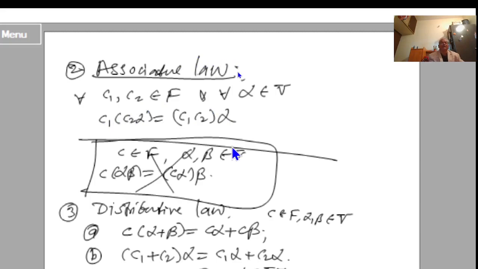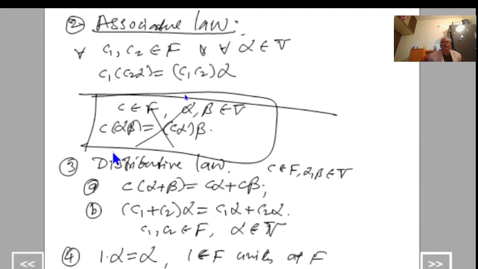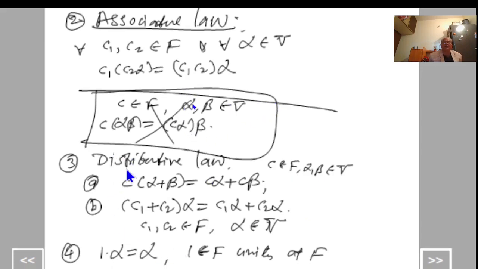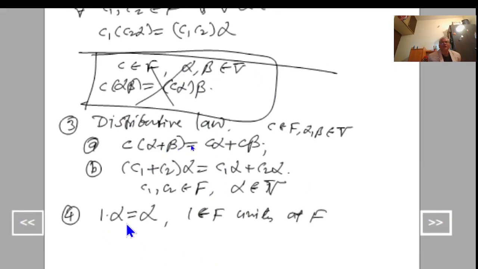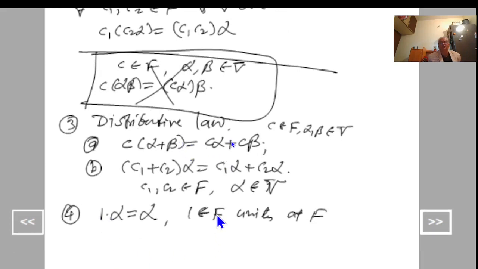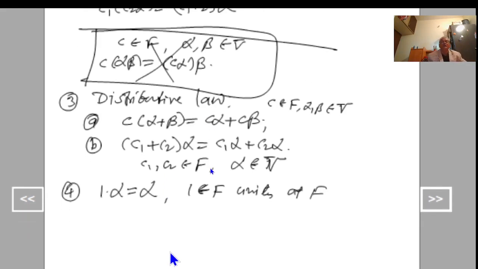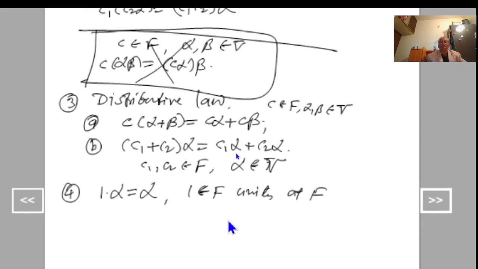Third axiom, both the distributive laws are satisfied, the left distributive law as well as the right distributive law. And fourth, 1 into alpha equals alpha, where 1 is the unity of the field F. If these four axioms are satisfied, then we say that V is a vector space over F.